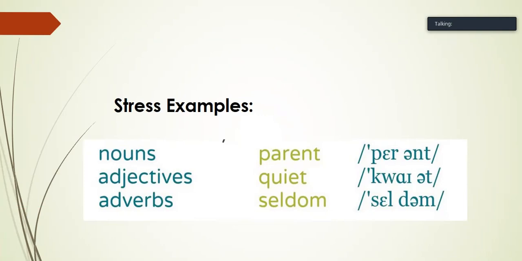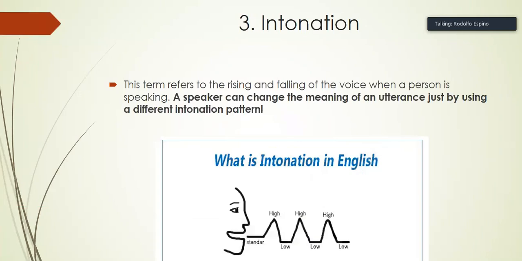Intonation. Well, intonation is something that we should take advantage of, because the intonation in English is similar to the intonation in Spanish. We have high or rising intonation, right? And we have low or falling intonation for expressing different things, different ideas, okay?